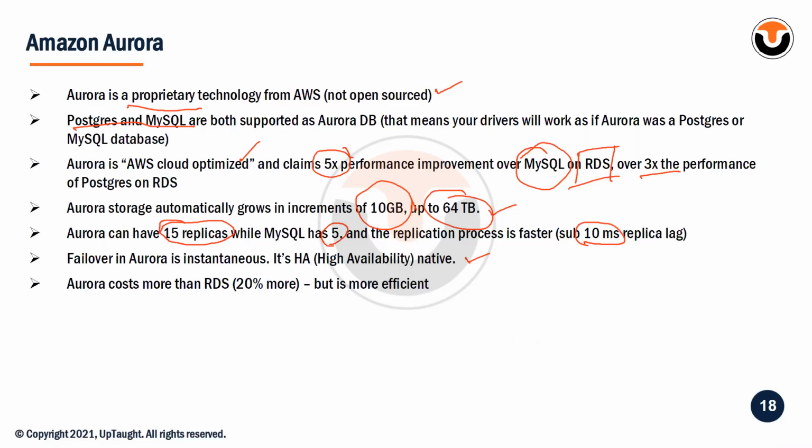You will not even know there was a failure. It's instantaneous, so high availability is achieved. That box is ticked. Aurora costs about 20% more than your RDS instance, but it is more efficient to work with. These are the basic characteristics of Aurora database.